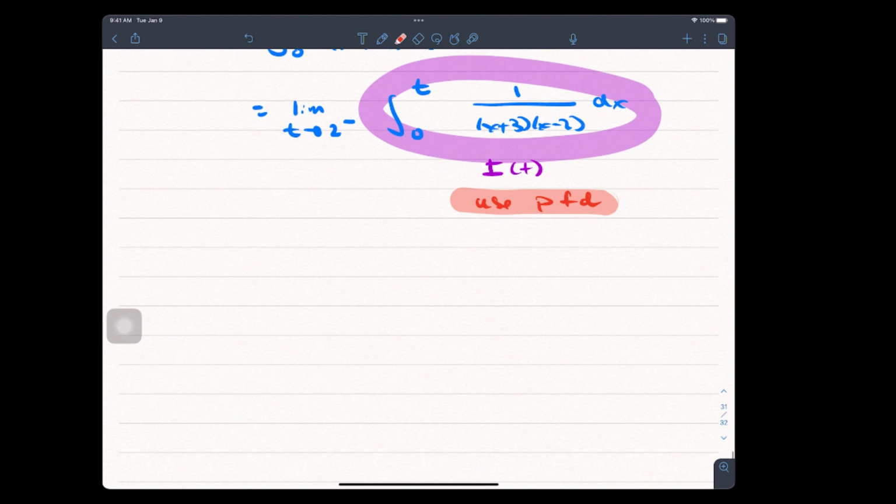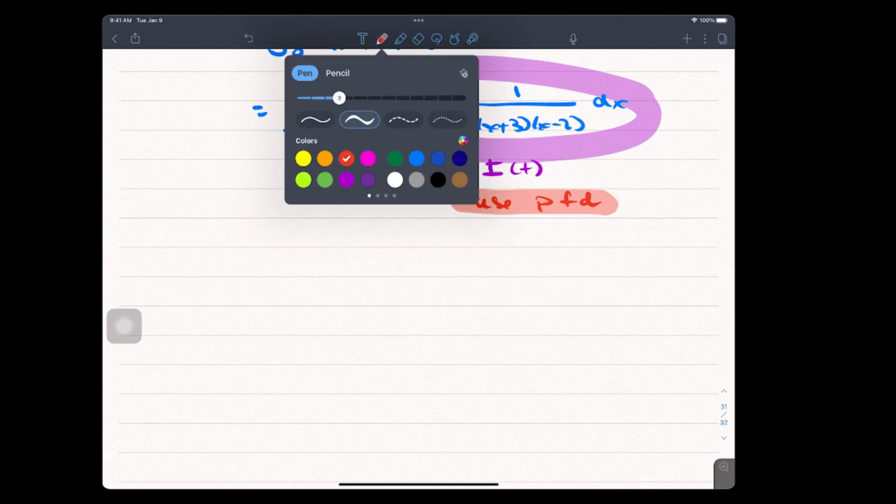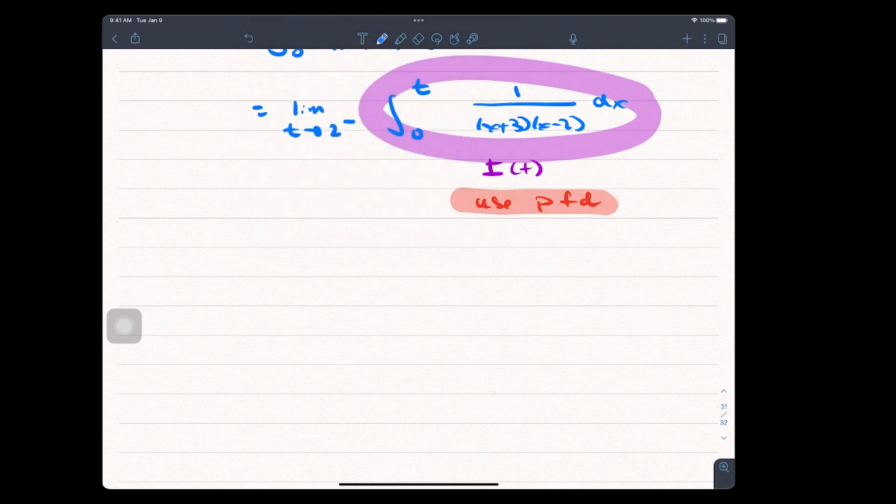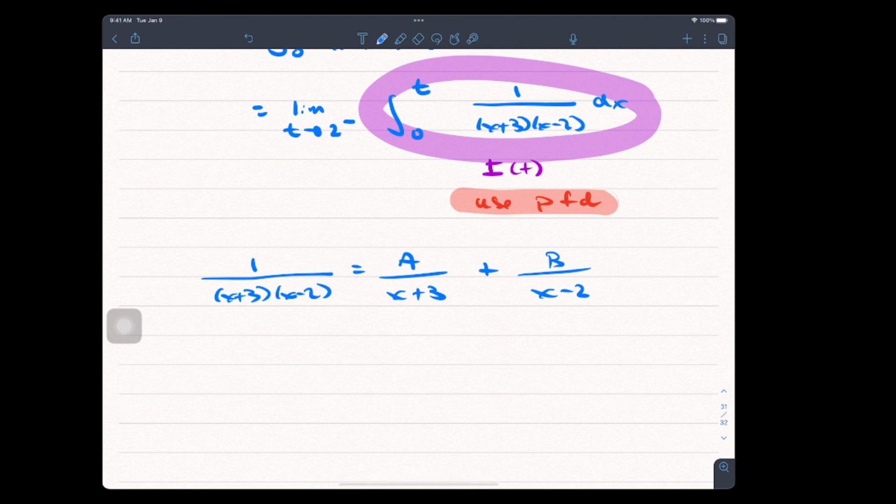Okay, so now you might say, okay, how does that look? I'm going to say 1 over x plus 3, x minus 2 will be A over x plus 3, B over x minus 2.